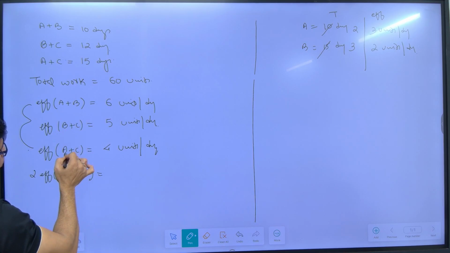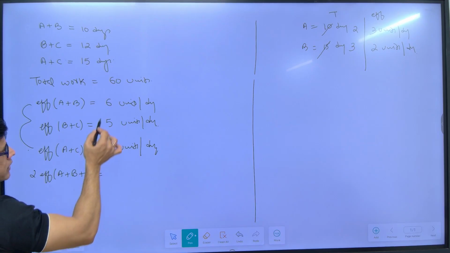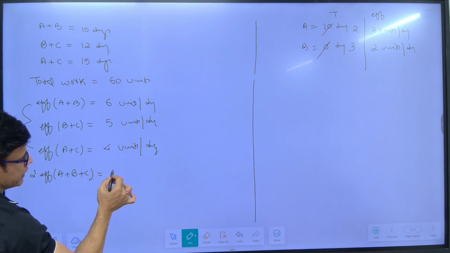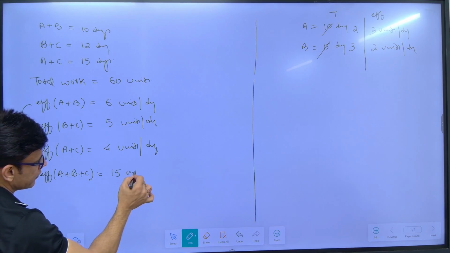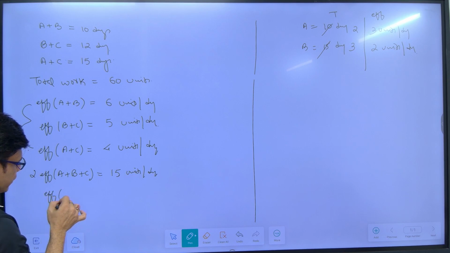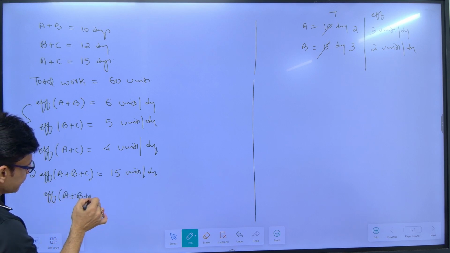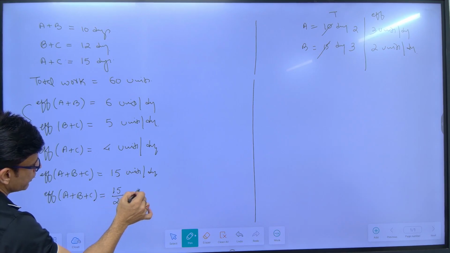A 2A, B 2B, C 2C. It will give you there twice the efficiency or not? Which is equal to 6 plus 5 plus 4, which is 15 units per day, right? So what is the efficiency of A plus B plus C? 15 by 2 units per day.